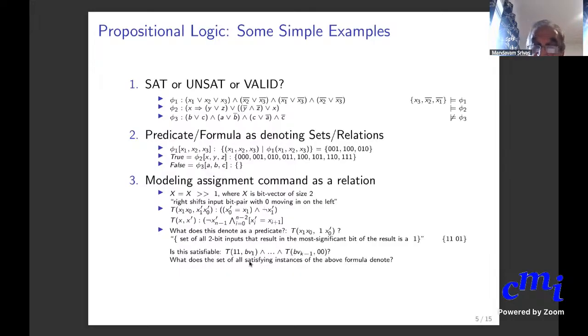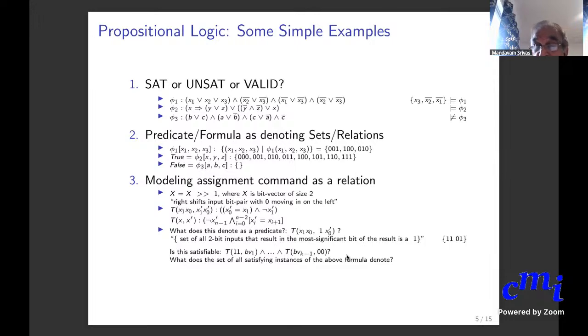So if I had replaced 1, 1 with BV0, then this sequence would be a set of all possible traces that would result from starting with some arbitrary input bit vector as the initial value and then executing it k number of times.